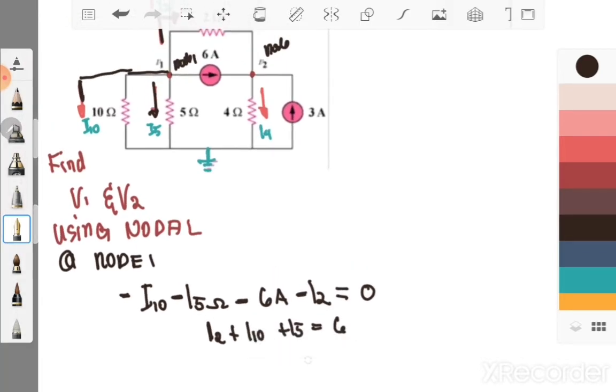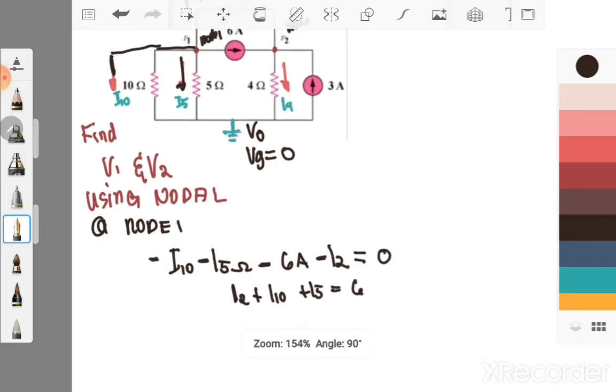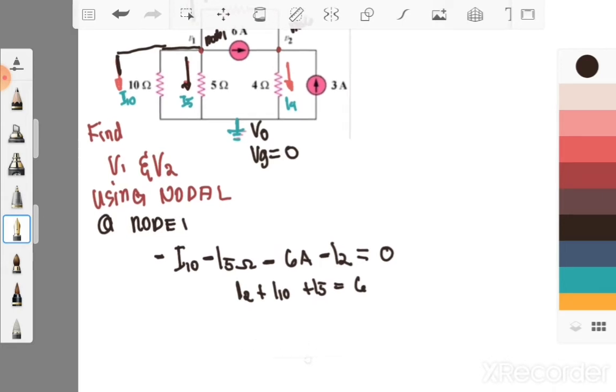But what is our I10? I2, I10, and I5. Take note that since yung V1 mo papunta siya sa ground natin, this is V of 0. Meaning, your ground, VG, or your voltage at your ground is equal to 0 volts. Okay? So, pag gumawa ka ng KCL, ng nodal analysis, kung saan galing yung current, yun yung mas malaki papunta sa mas maliit.